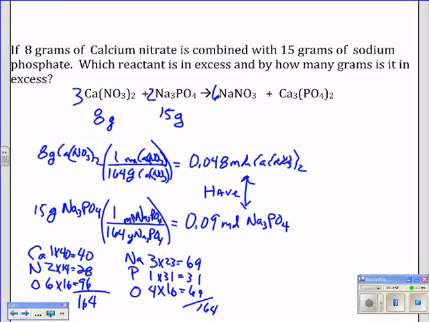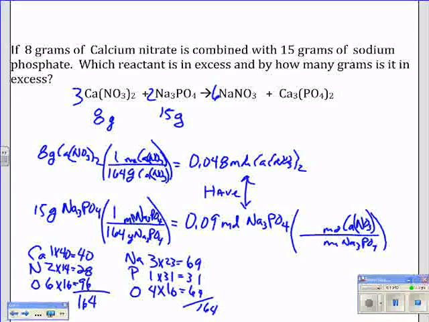Now I've got to figure out how much I need. So I'm going to pick one. And I'm going to say, okay, I need to get rid of my moles of sodium phosphate and go to moles of calcium nitrate. It's a 2 to 3 ratio.